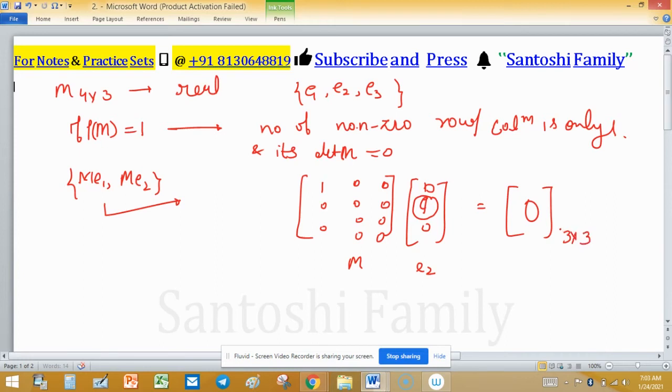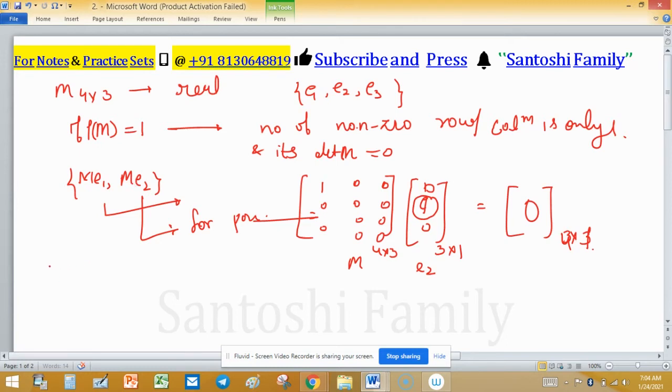Because this is the size 4 by 3 and this is 3 by 1, you will get a 4 by 1 zero matrix. So for a particular matrix, we have a 0 vector in this set. So option A is false here.